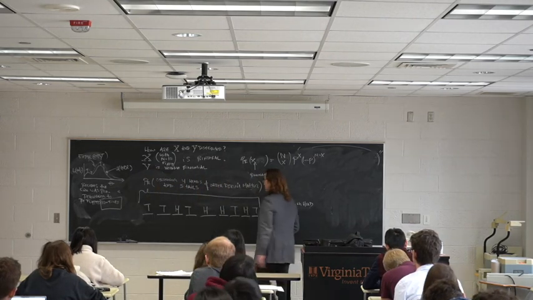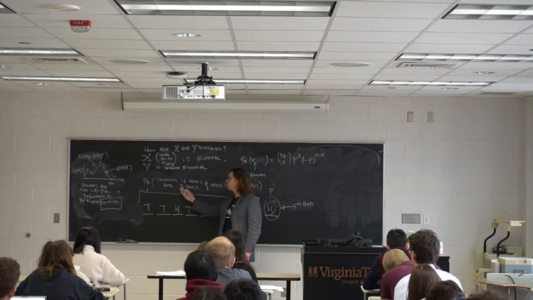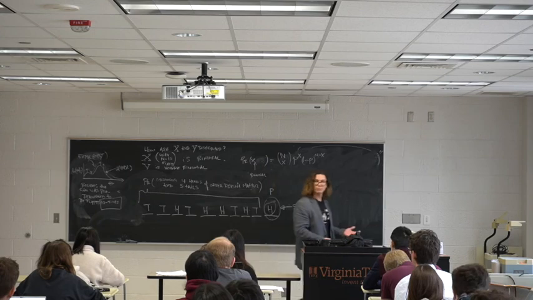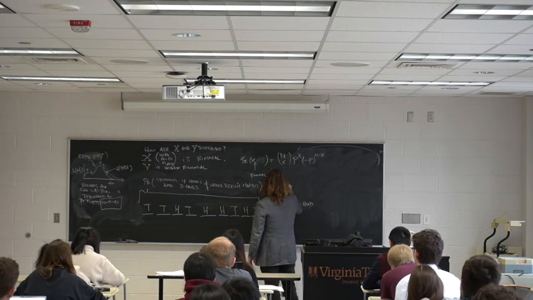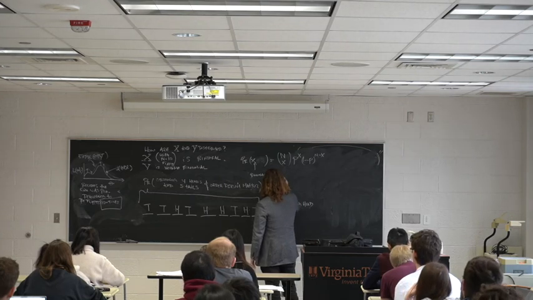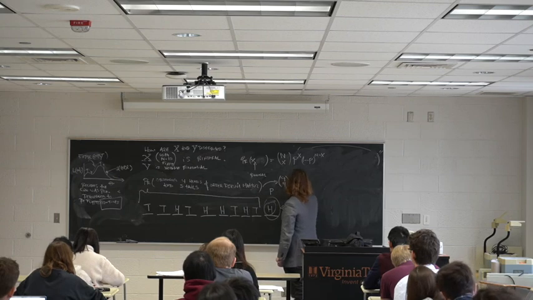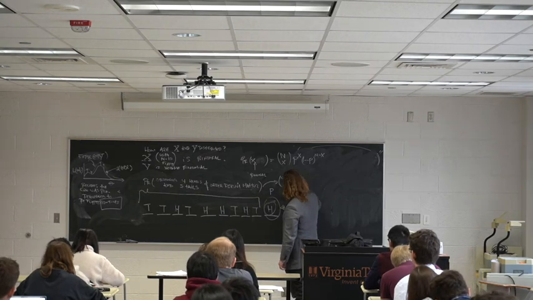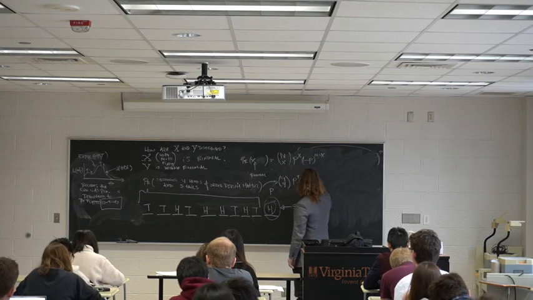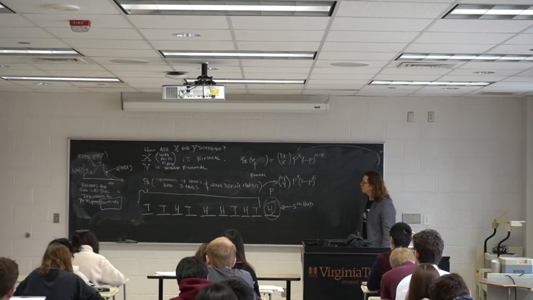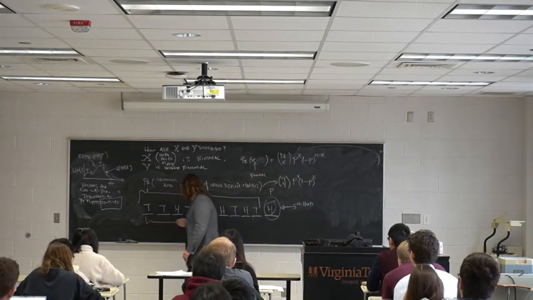So this is just out of 9 things, I'm going to choose some number of tails. So this right here has probability 9 choose 4, P to the 4, 1 minus P to the 5. So this part is binomially distributed. Just write that down.